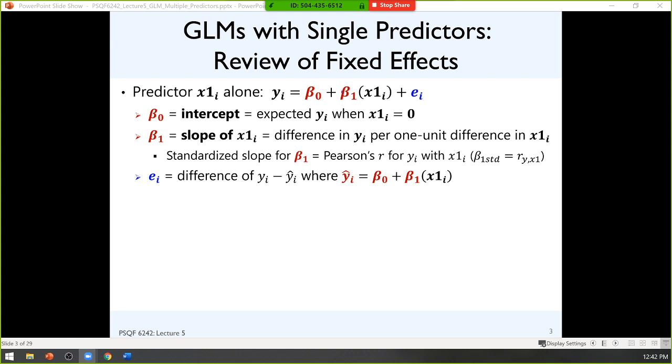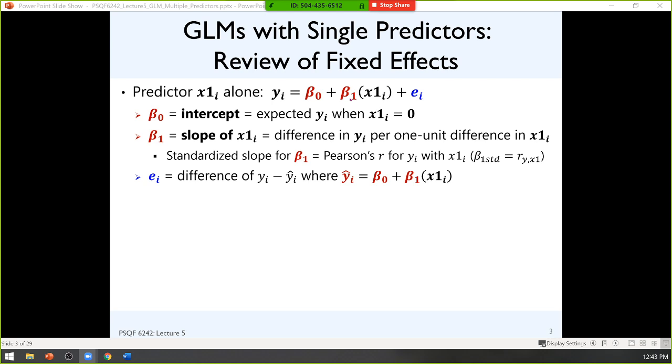The model parameters, the things we're asking to be estimated, are beta 0 and beta 1. Beta 0 is the intercept. Beta 1 is the slope of x1. The intercept is always the expected outcome when your predictors are 0, so whenever x1 is 0, which is why we center our predictors if 0 doesn't mean something, so that the intercept makes sense. And beta 1 tells us the effect of a 1 unit change in x on y. For every additional unit of x, beta 1 is what changes in y.